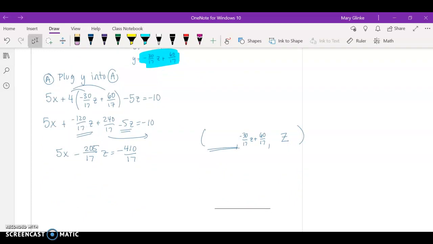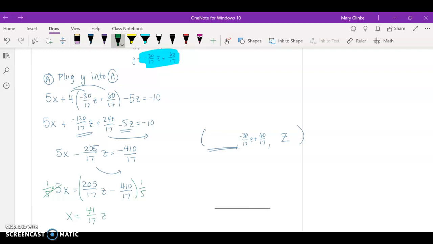And so now I'm going to get the z to the other side. I get 5x equals 205 over 17z minus 410 over 17. And x is almost by itself. I do need to get rid of that 5, and I'm going to show multiplying by 1/5 only because I already have those fractions there, so it's a little bit easier to visualize. So x should equal, if I multiply and reduce, 41 over 17z.